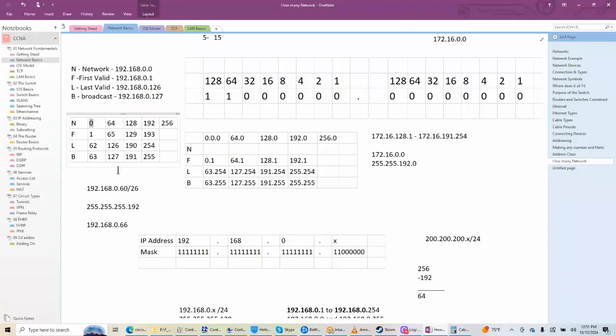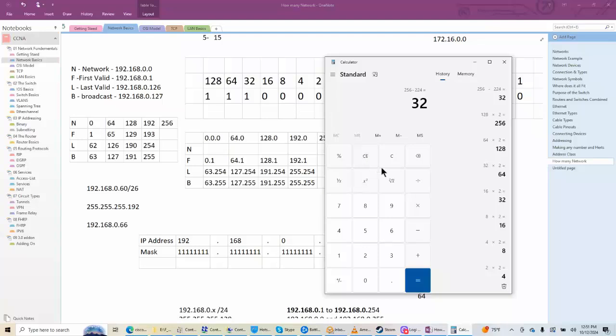Now, we can go even farther. If I put another bit on here, that means now our networks are going to change to 8 networks. And just for giggles, let's do that. First of all, let's take our calculator and say 192, 128 plus 64 plus 32, 224.